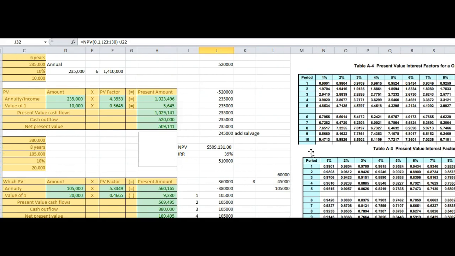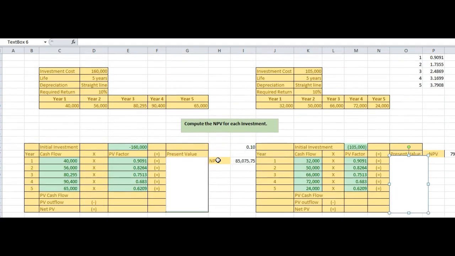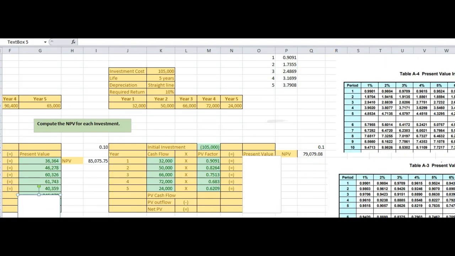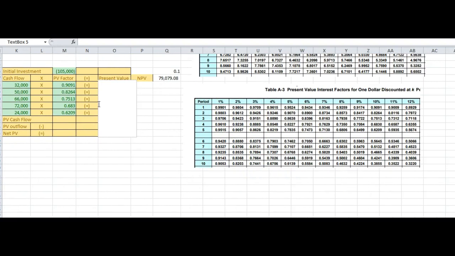Now this is if you've got even returns. If you don't have even returns, you're going to use a different method. It's the same method, only now we have year 1, year 2, year 3, and I've got to look at all of these separately. So now I've got to find, these are considered lump sums. So I have to use the second table for each one of the factors.